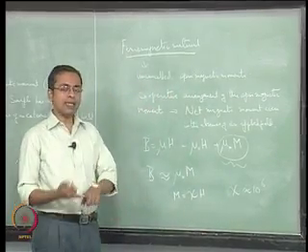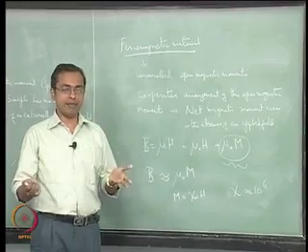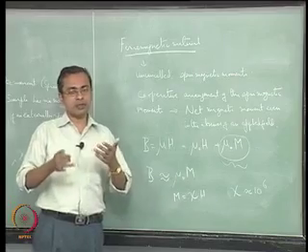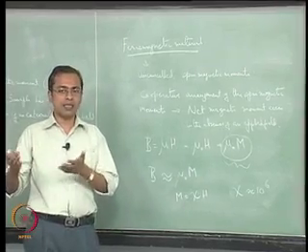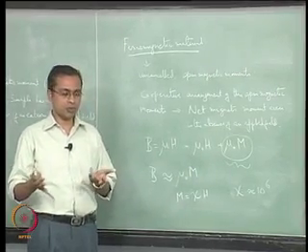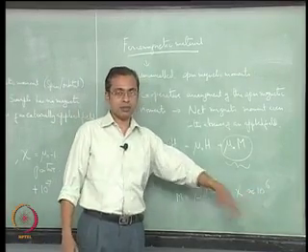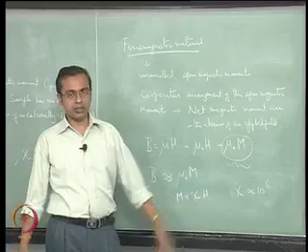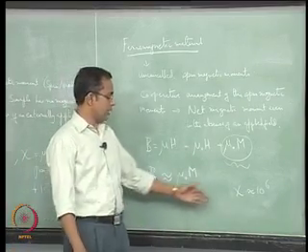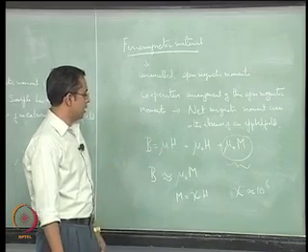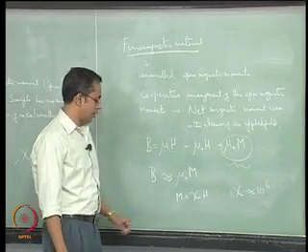For a paramagnetic material it was 10 power minus 7, and for a diamagnetic material it was a negative quantity, minus 10 power minus 7. So those are very small quantities relative to 10 power 6 here. This is 13 orders of magnitude difference in response, and that is how this material differs from a paramagnetic or a diamagnetic material.